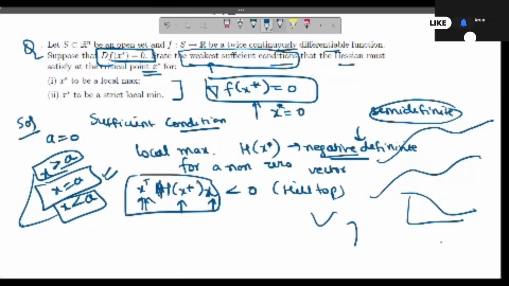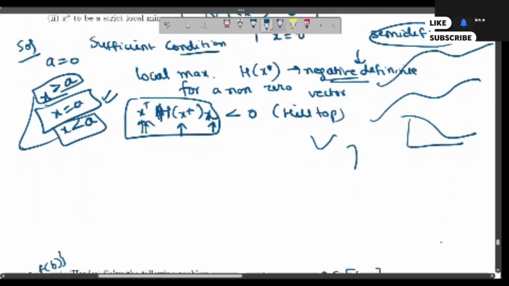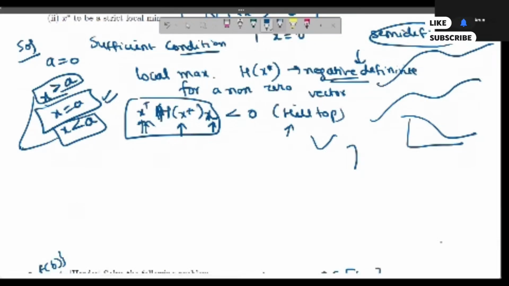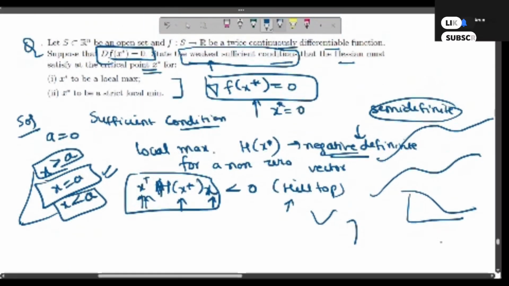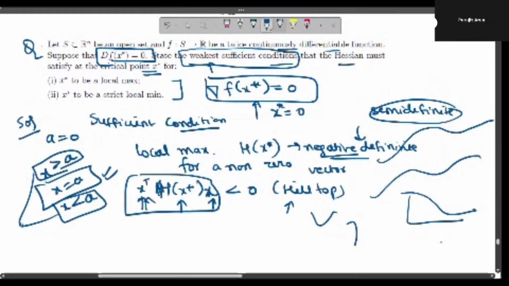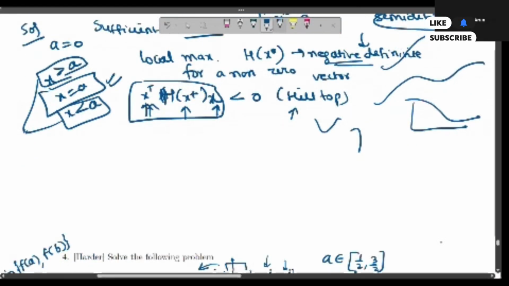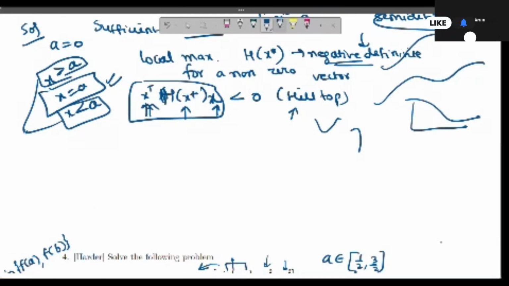Okay. So you could have used this quadratic form. You could have taken the correspondence theorem and stated that if the function is giving me a hilltop and that is satisfying that linear combination thing, greater than or equal to, then it is giving you negative definite, or concave.